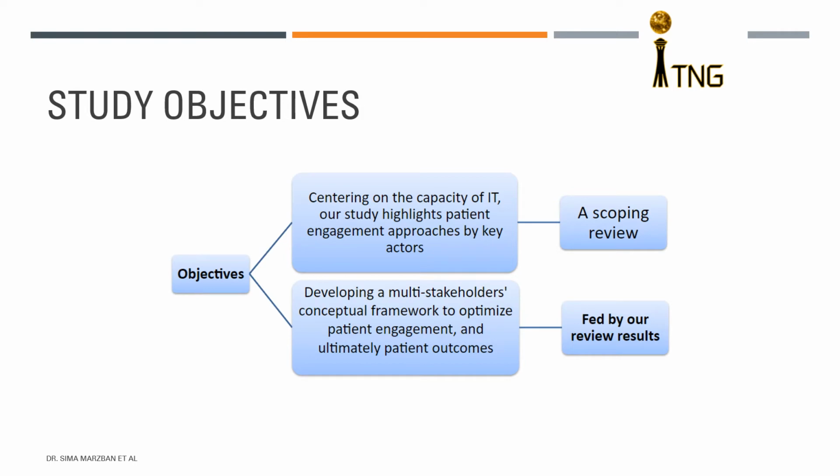Our study objectives were, first, to highlight patient engagement approaches by key industry actors based on available evidence. Second, to develop a multi-actor model to cover the crucial dimensions of patient engagement and to optimize its planning and implementation.